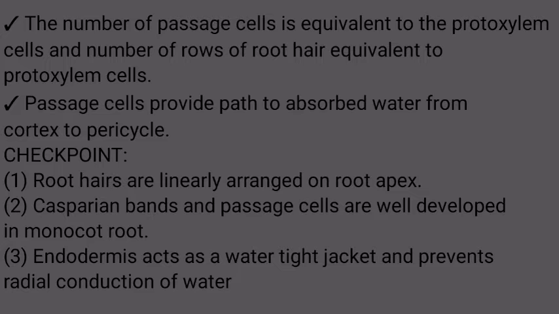Checkpoint. Root hairs are linearly arranged on root apex. Casparian bands or Casparian strips and passage cells are better developed in monocot root than dicot root. Endodermis acts as a watertight jacket and prevents radial conduction of water.